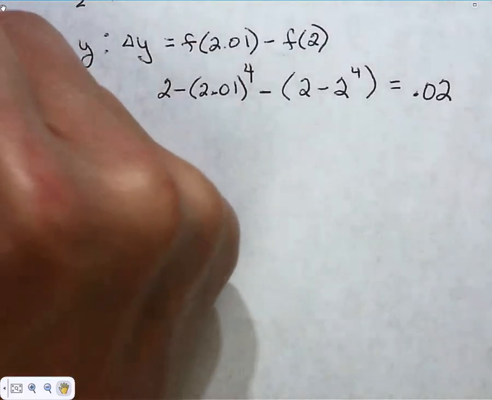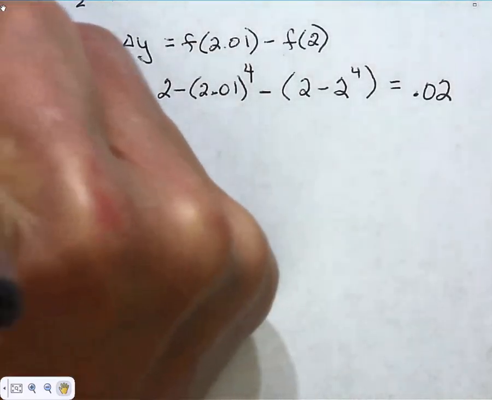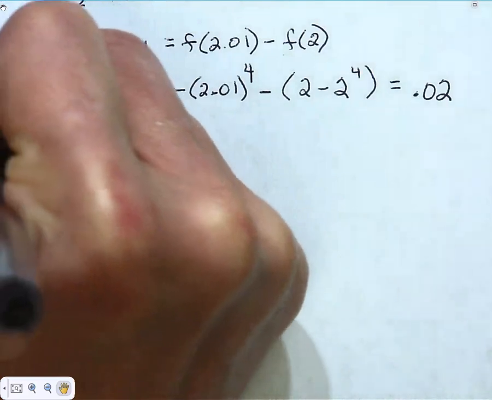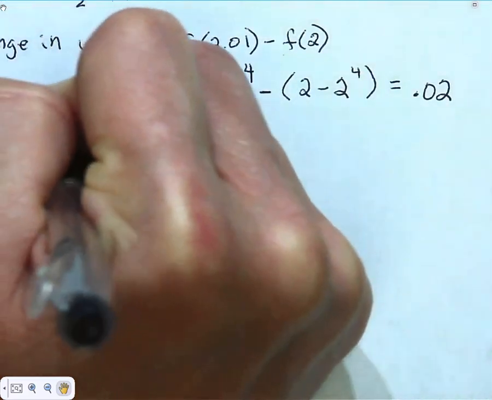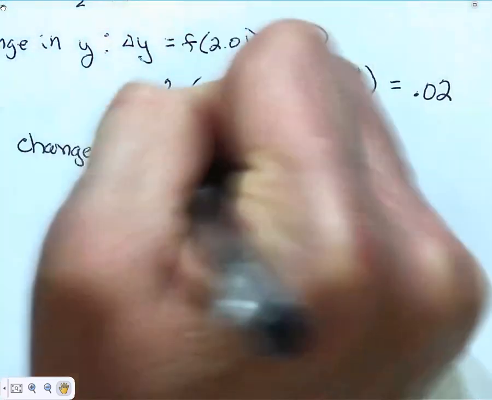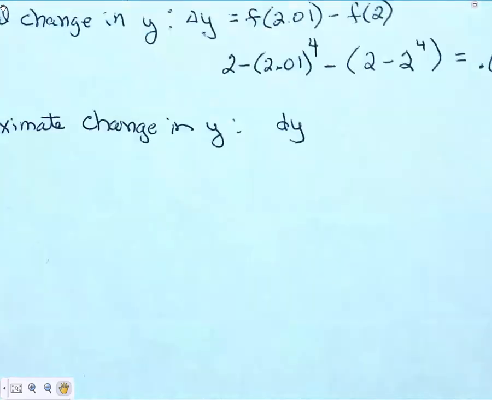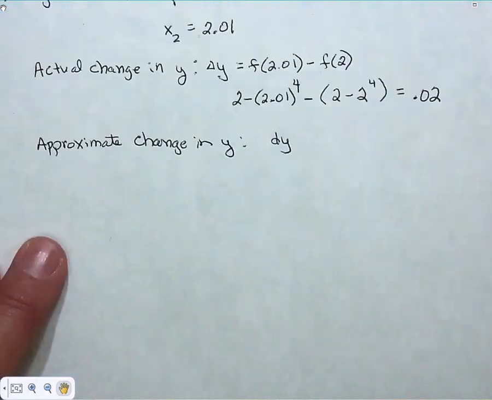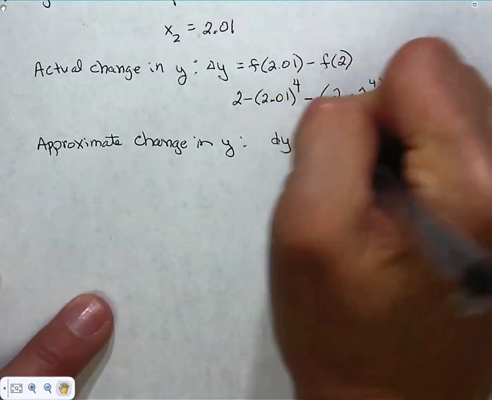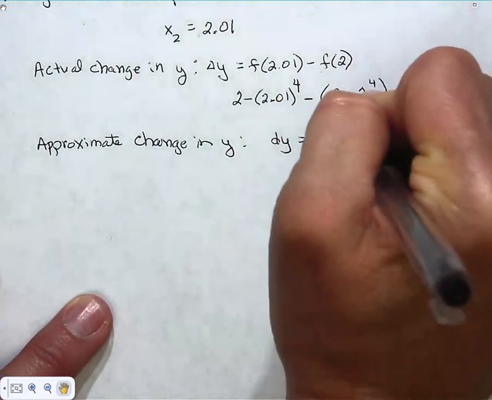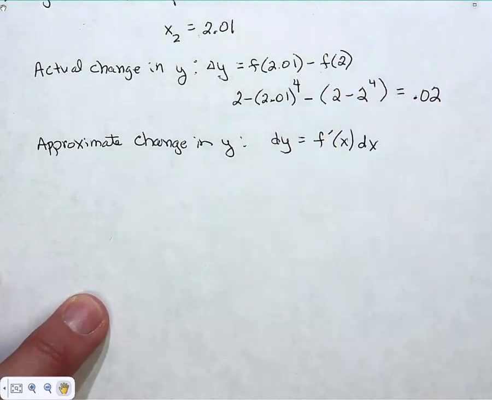The approximate change in y should use the symbol dy to show that it's an approximation. dy should be f prime of x dx.